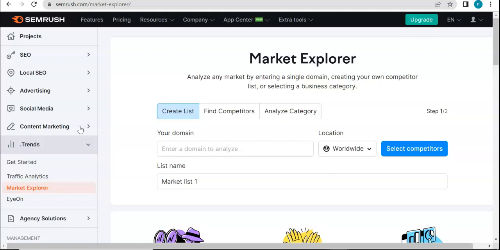So basically, what we do is we sign up for an account. Currently, I'm on a free trial account here in SEMrush, and then we are able to utilize all the tools that they offer, as well as the features and other extensions that they have once you sign up for a paid account. So today we will be talking about Market Explorer, which is still under .trends.